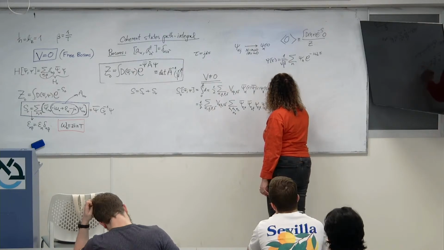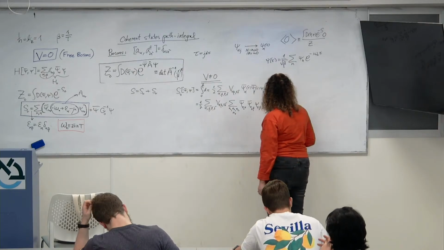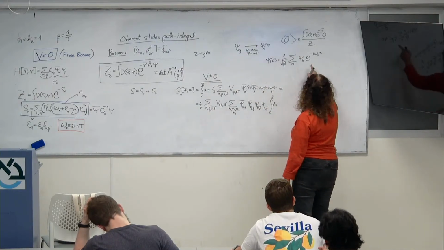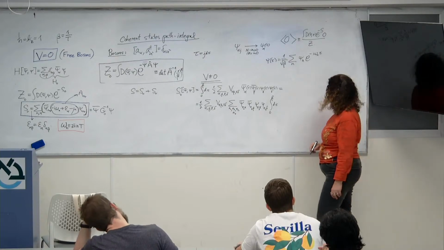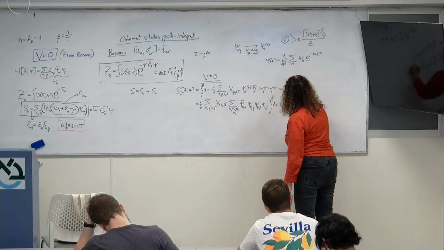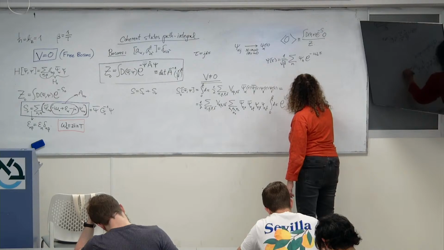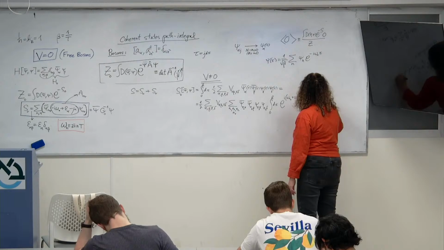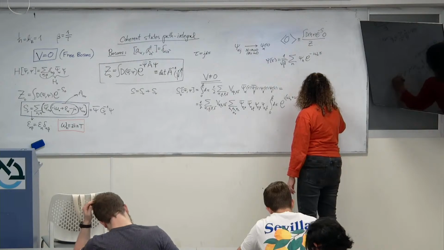integral d tau of, now I have to integrate over the exponents. So what is in the exponent? I have i times omega n1 plus omega n2 minus omega n3 minus omega n4, all that times tau.